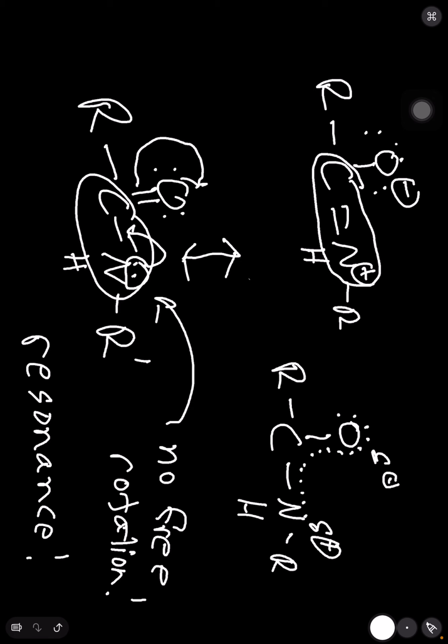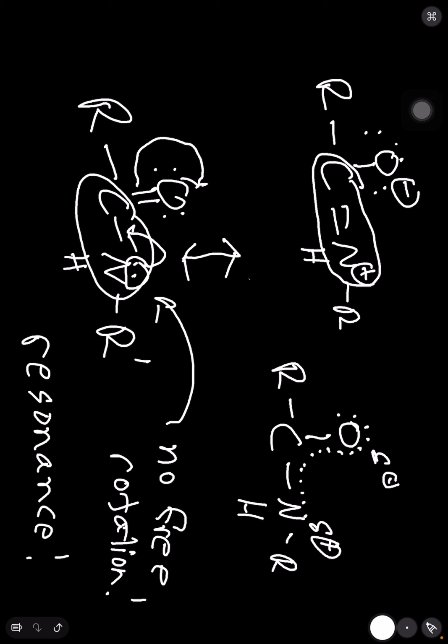Since this nitrogen and this carbon have the ability to have what we call partial double bond character, that partial double bond character allows us to say that there's no free rotation. And so those atoms are locked into place, and that means if you have a bunch of amino acids linked together, they're going to be in a very set order and a very set orientation that allows the protein to fold up, assimilate, and form binding sites in a very regular way that doesn't change, right?